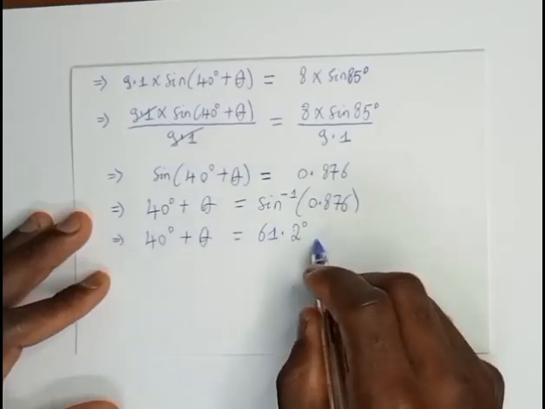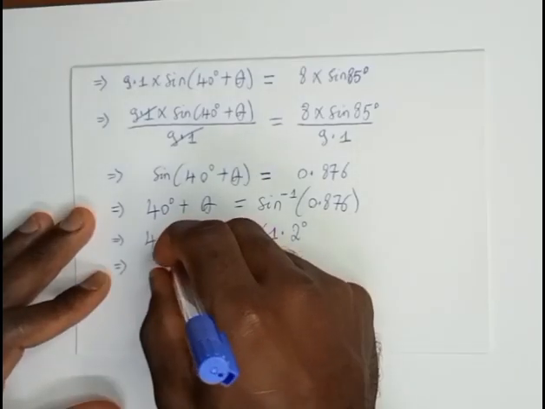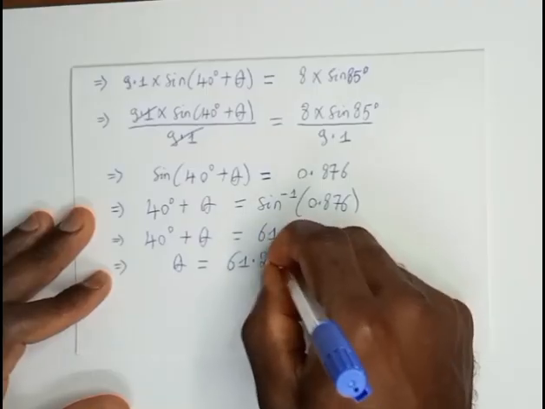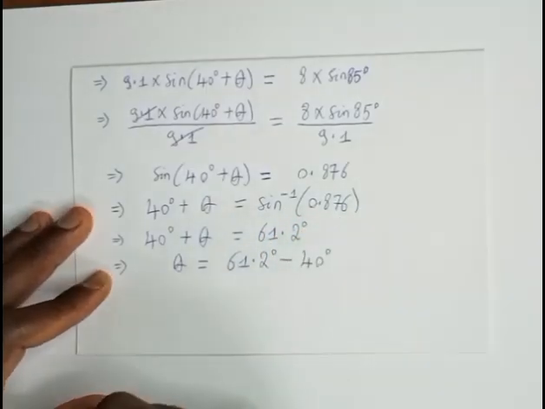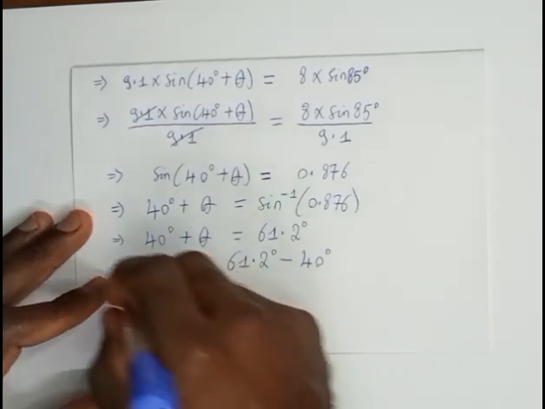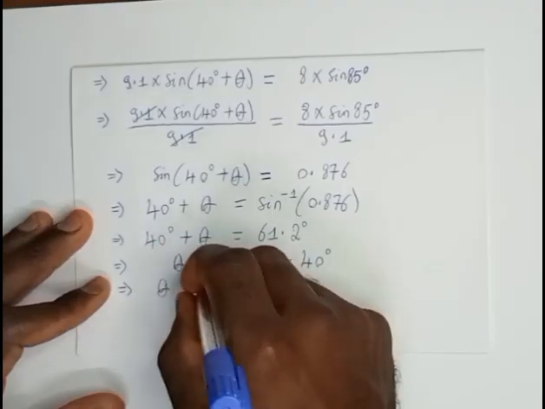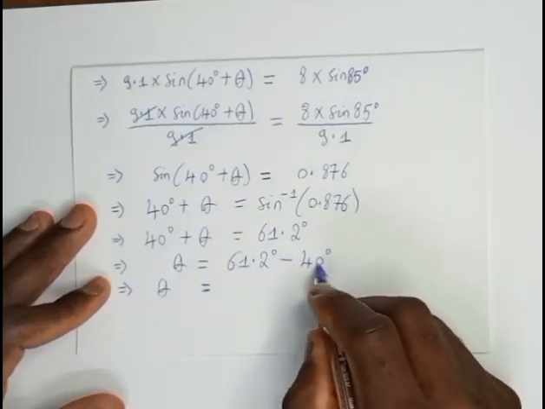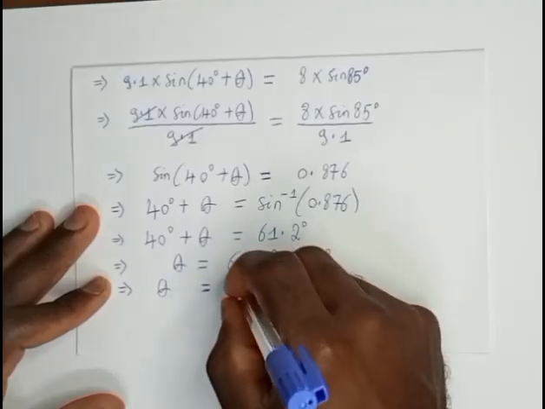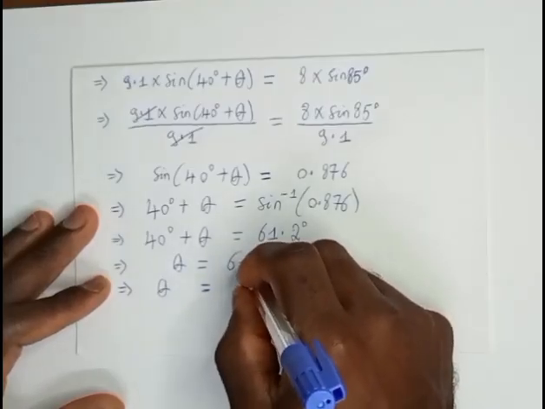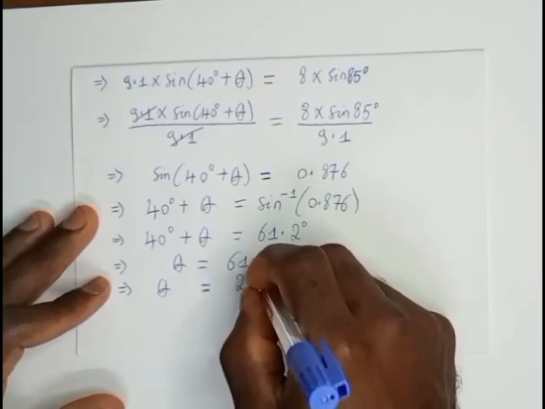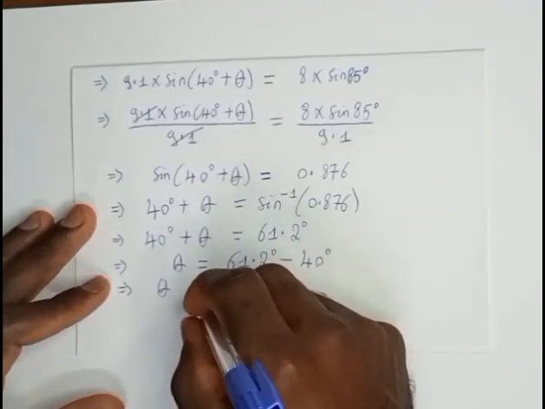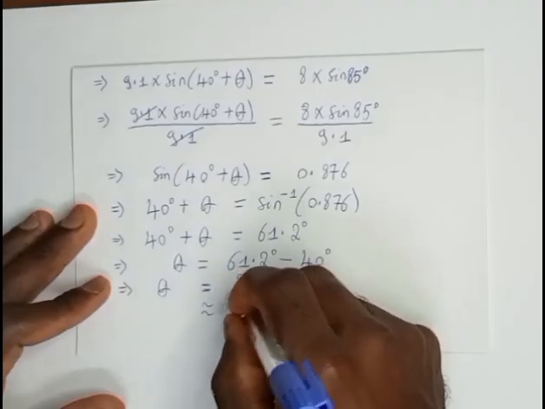We are going to transfer 40 degrees to the right, which becomes negative. Then theta will be equal to 61.2 degrees minus 40 degrees. This gives us 21.2 degrees, which is approximately 21 degrees.